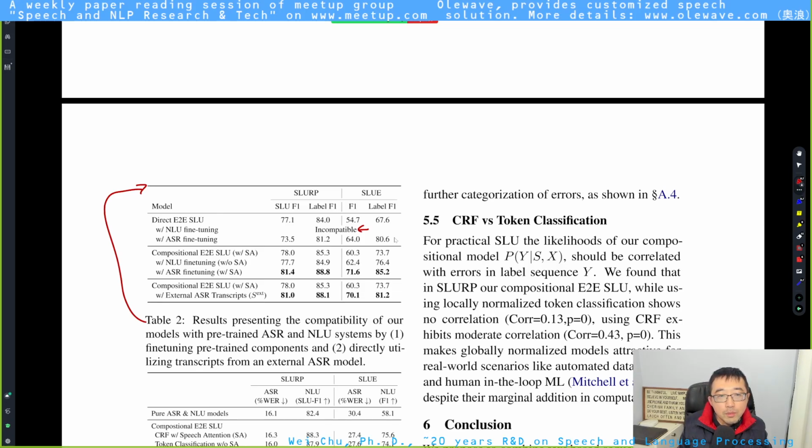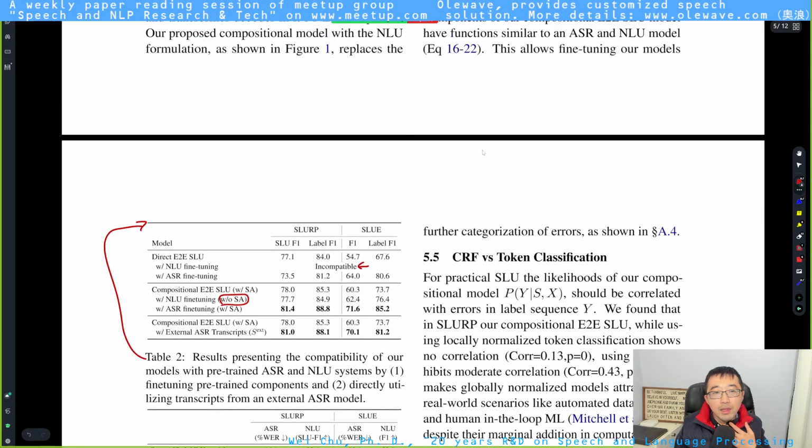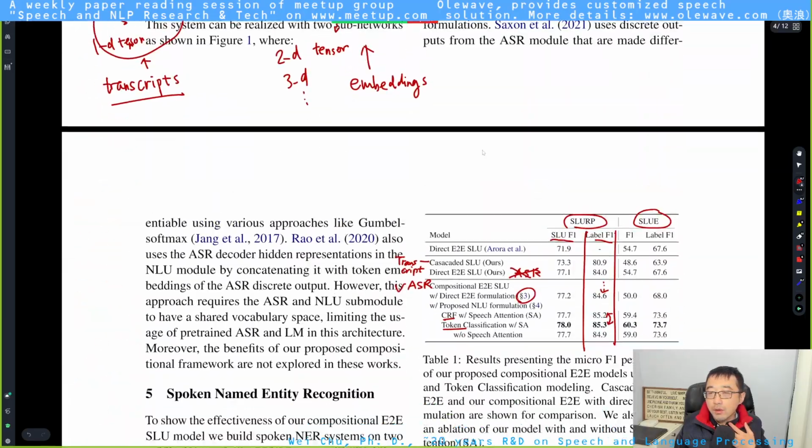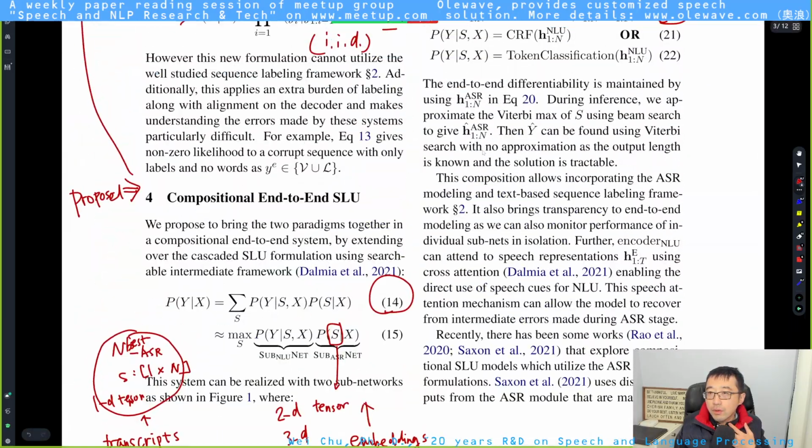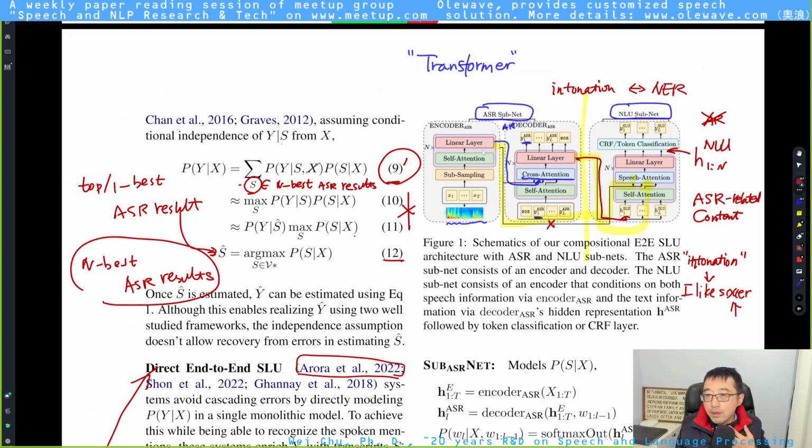Definitely this time you won't be able to play with the truth to not contain the speech attention. My guess is that the reason why they just play with the NLU part means, I think, suppose you just fine-tune this.